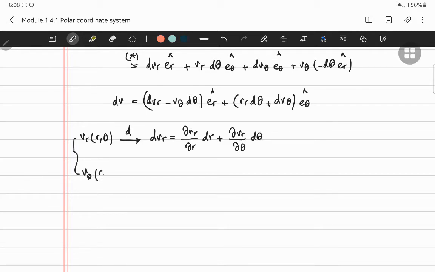For v_theta(r, theta), if we apply the differentiation operator, dv_theta is the partial derivative of v_theta with respect to r dr plus the partial derivative of v_theta with respect to theta d theta.